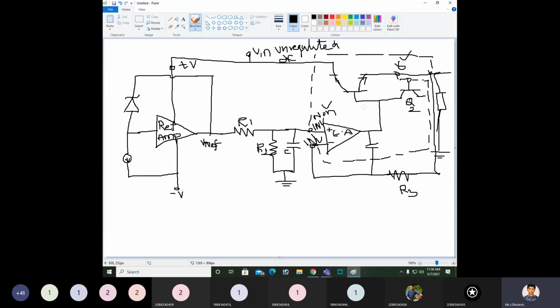See, you need to see the diagram. This non-inverting and this V0 is directly fed back. So you have a feedback connection like this. This is the feedback connection. You need to see that.